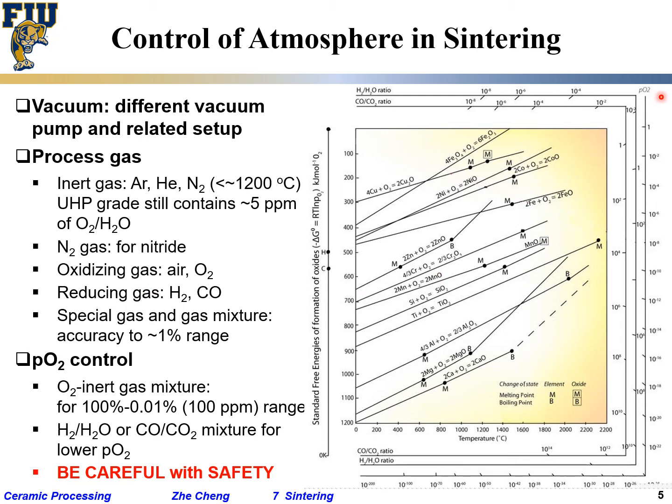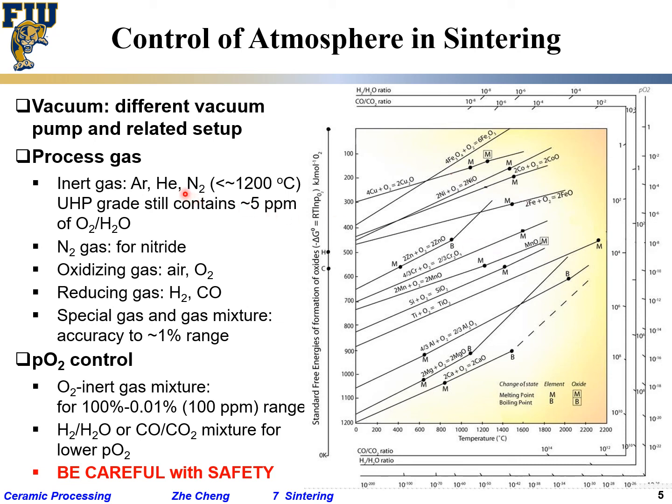That's essentially what this plot is about. Based on this plot, we can predict, for a material under a given condition, temperature and atmosphere, whether the metal would oxidize or not. And when we do sintering, quite often something like this, or a thermodynamic database, nowadays people have that. It's very, very important when you consider it.